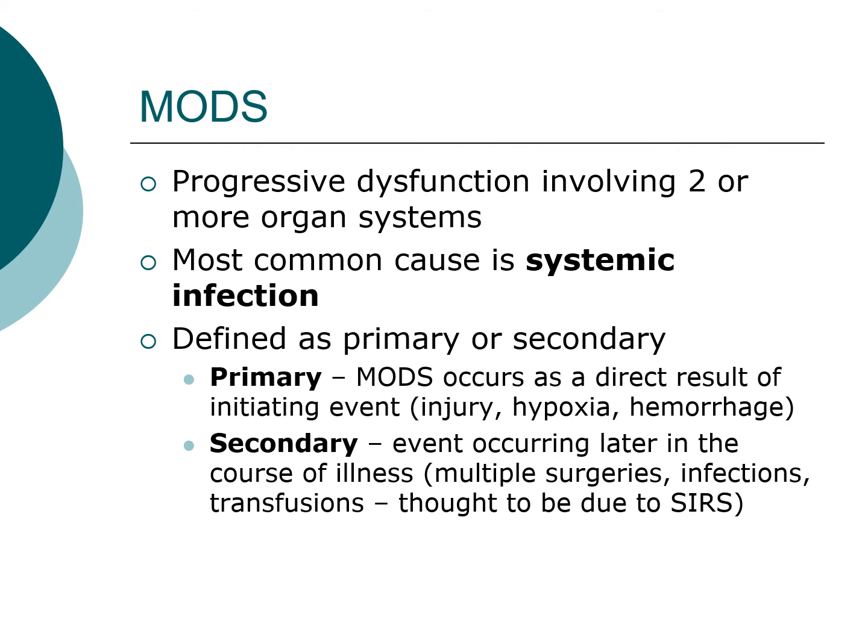If it's primary, that means there's an initiating event that's so big it affects multiple organs. Certainly trauma might do that if it's a multiple trauma. Hypoxia would affect multiple organs, not just the respiratory center. It would affect the cardiac, the GI, liver and kidneys. Hemorrhage would affect everything.